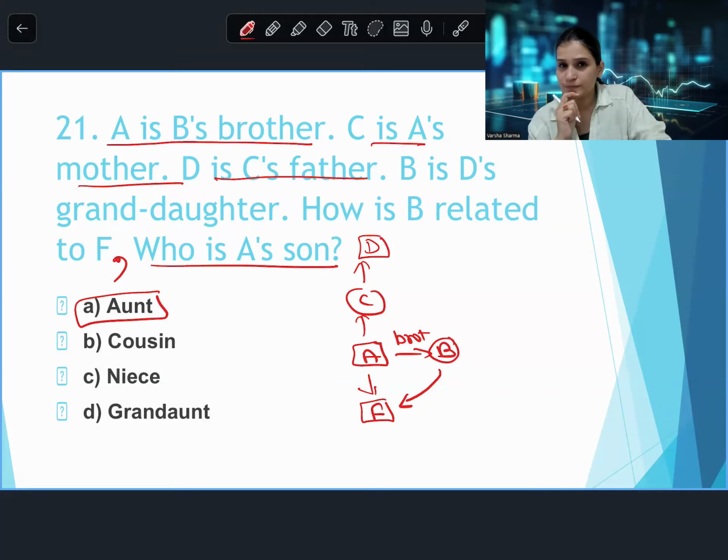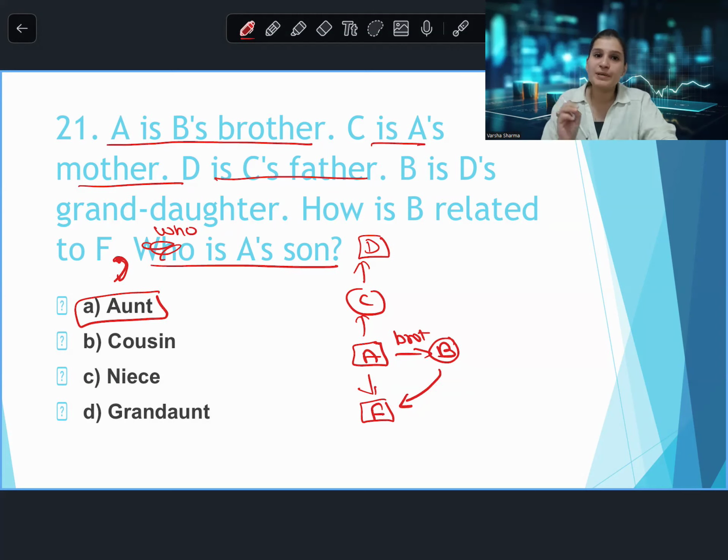How is B related to F, who is A's son? Now the question changes. After F there's a comma. Who is A's son? So F is A's son. Then you tell me how B is related to F. You have to change the question in the book. After F there is a comma, and then who is A's son? That's not a question, they're telling you F is A's son.